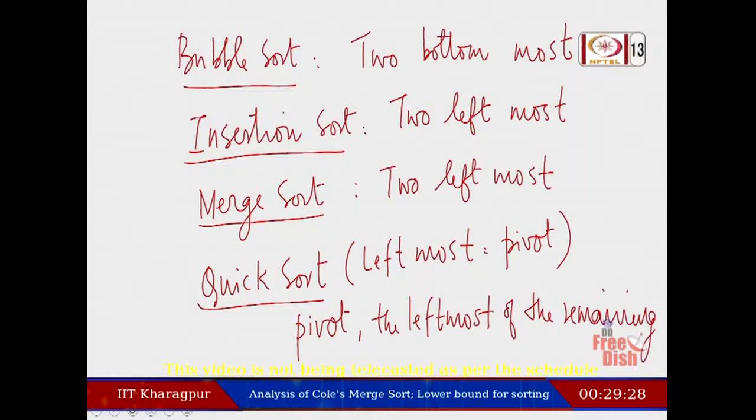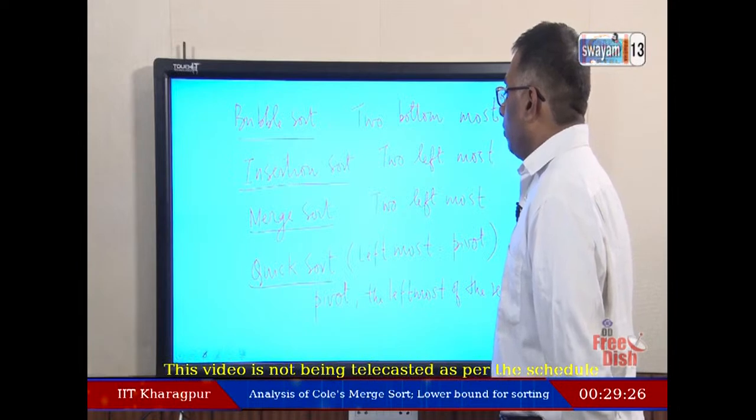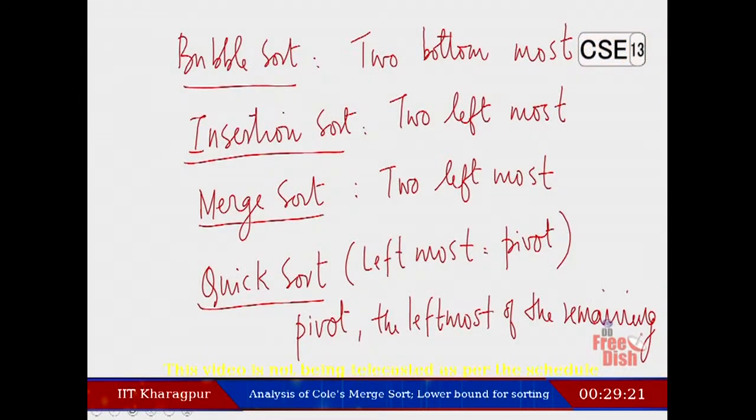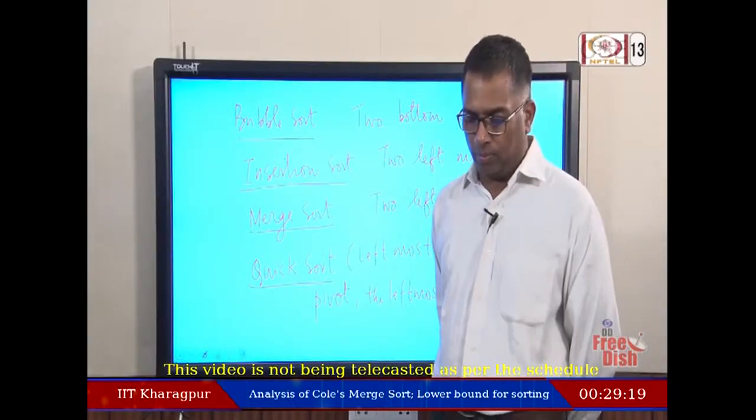So for each comparison based sorting algorithm, the first pair of elements to be compared is fixed, and based on the outcome of this first comparison, the remaining comparisons will be done.